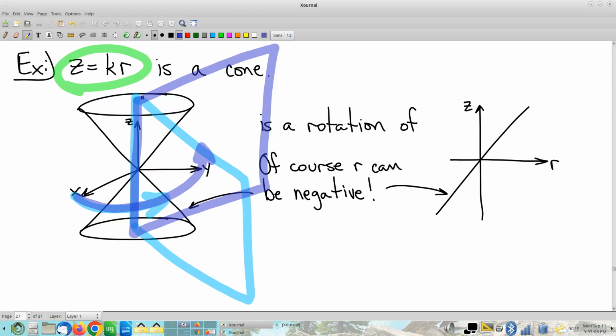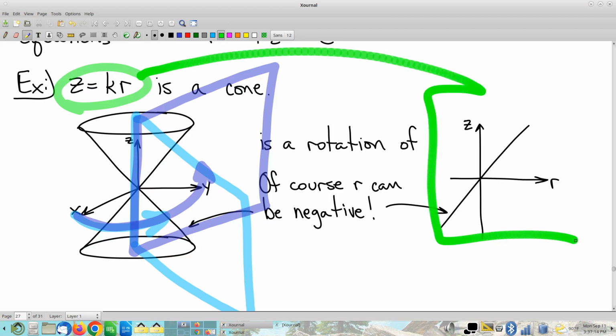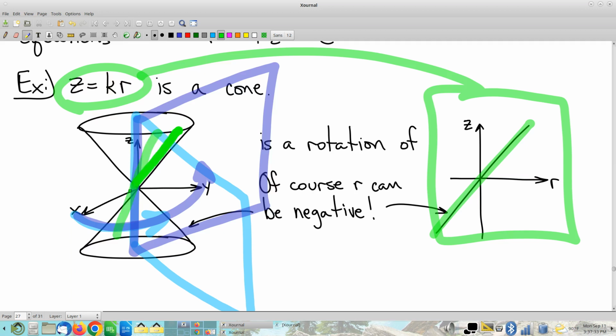Okay. So all of these cross sections are pretty easy to describe because z is a multiple of r, and so all of these cross sections are basically going to be straight lines like this. And so you just imagine a bunch of straight lines like this in each one of these planes, and now we have an art problem of how to draw this.